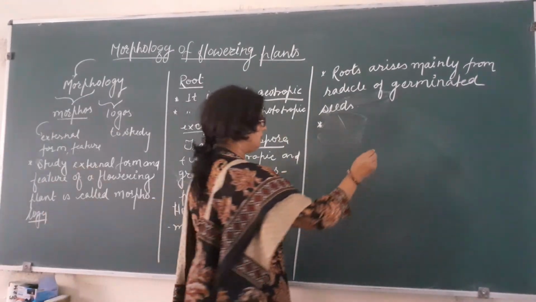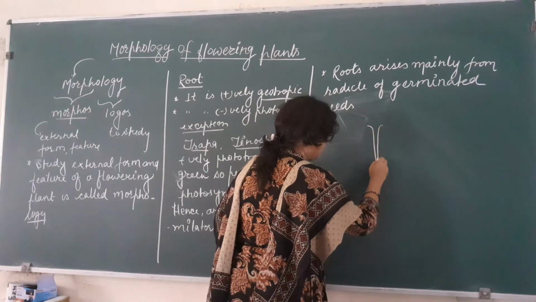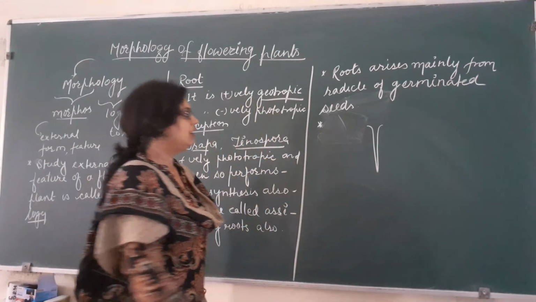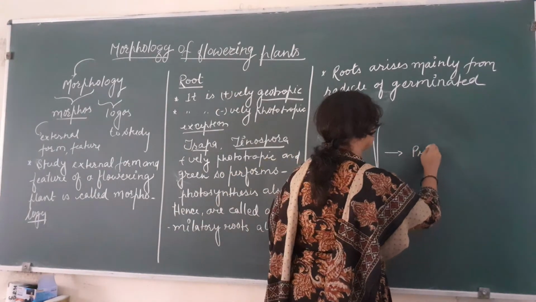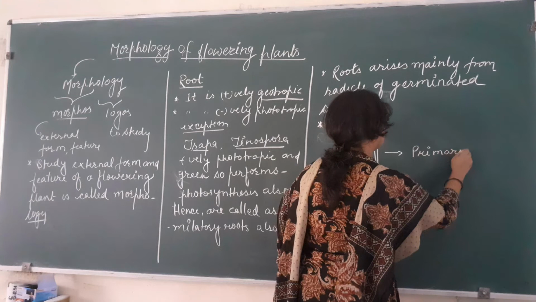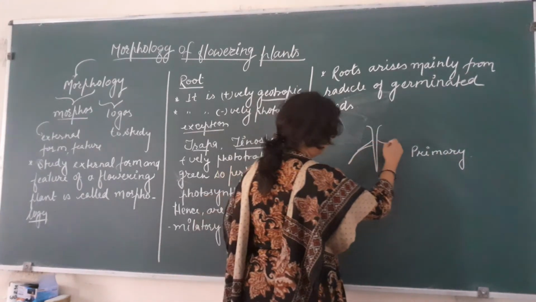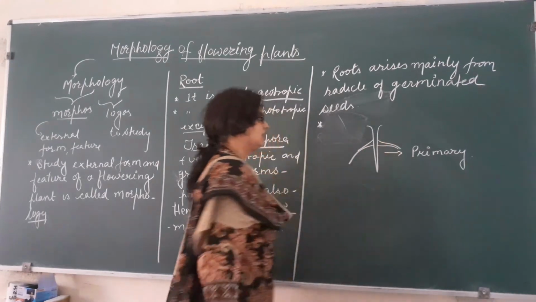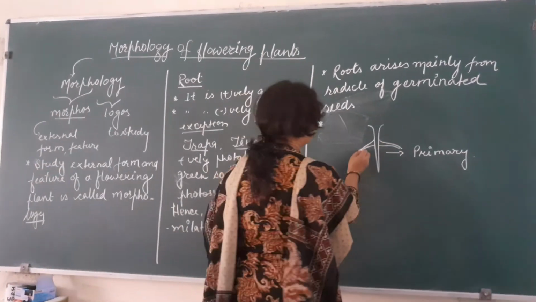The root which develops from the radicle grows inside the soil and forms the primary root. Gradually, lateral branches also arise from the primary root, and further branches arise from these lateral branches.